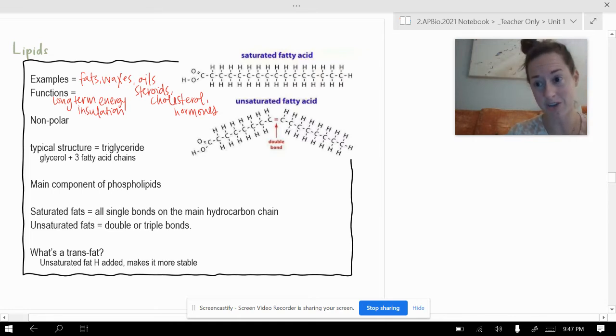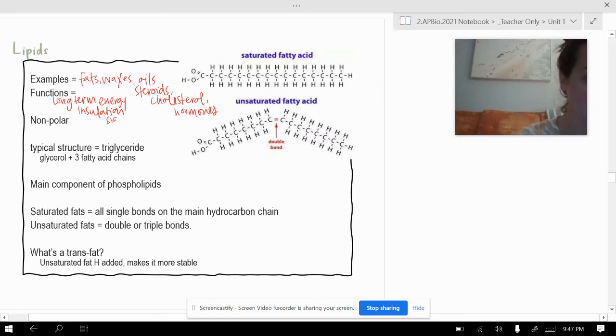Your fat is also really important for you staying warm. You just don't have as much of it as whales do, but it is really important. And then it's also important as signaling molecules in the form of hormones and important for making up your cell. Should have given myself more space here. Oh well.